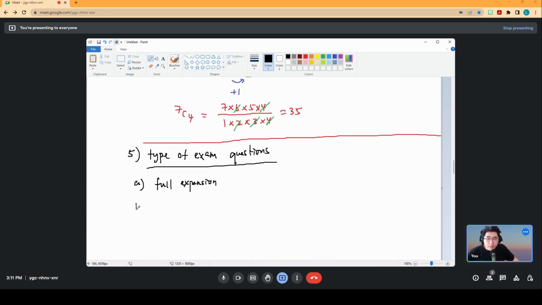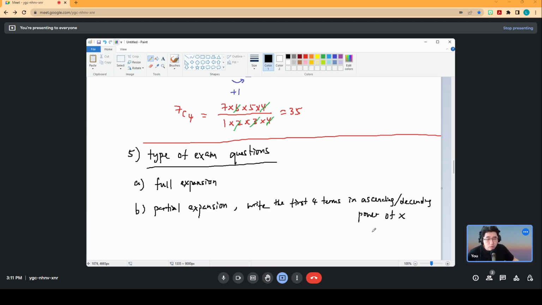It can be a partial expansion, so they only ask you to write up to a certain part. Maybe the question may sound like this: write the first 4 terms in ascending or descending power of x.